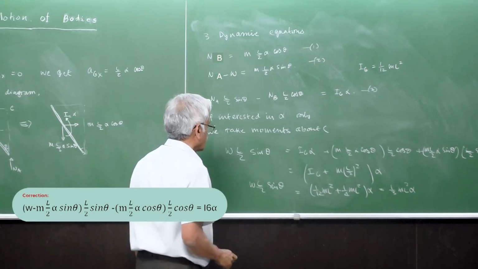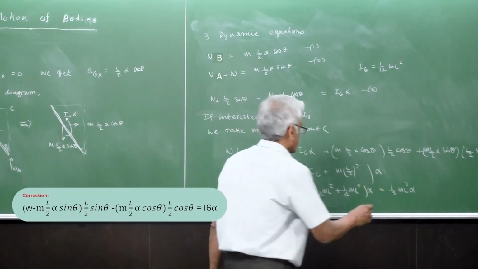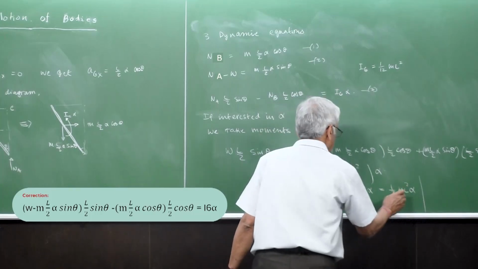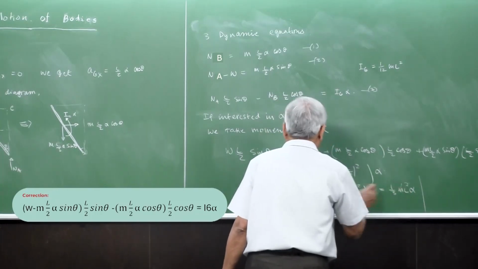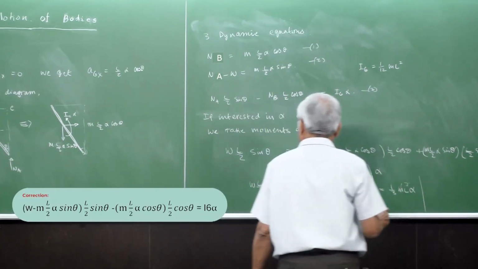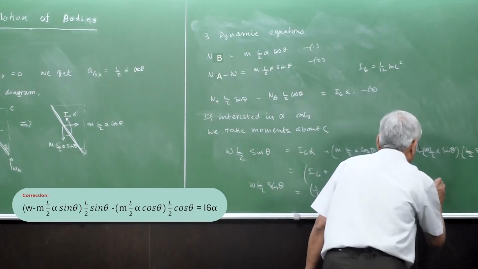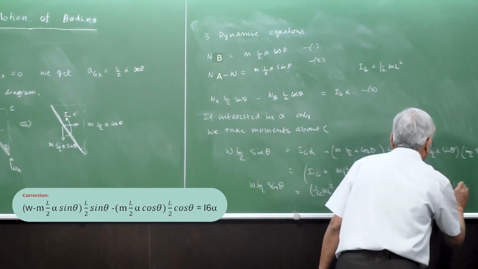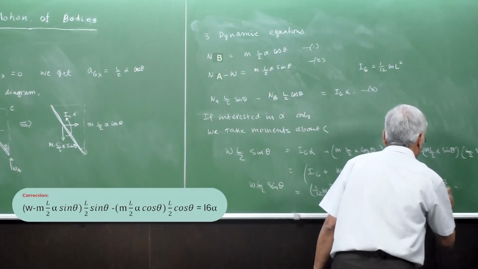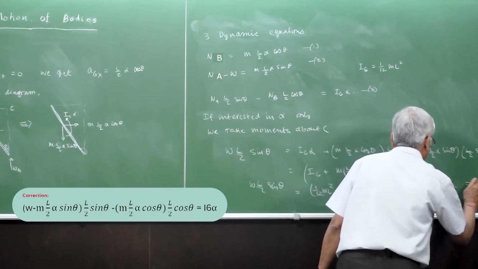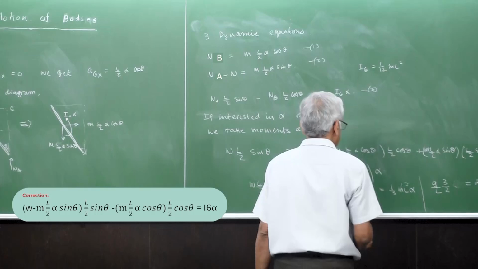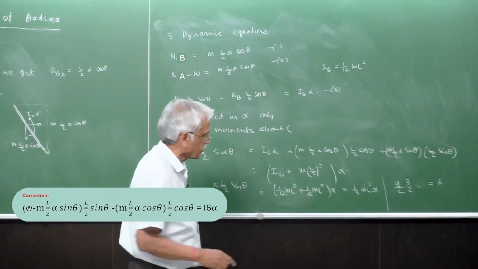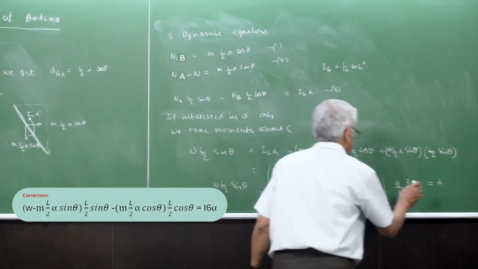So from this you can take L and L, you can cancel, and you can cancel G, giving alpha equals 3/2 G by L sine theta.